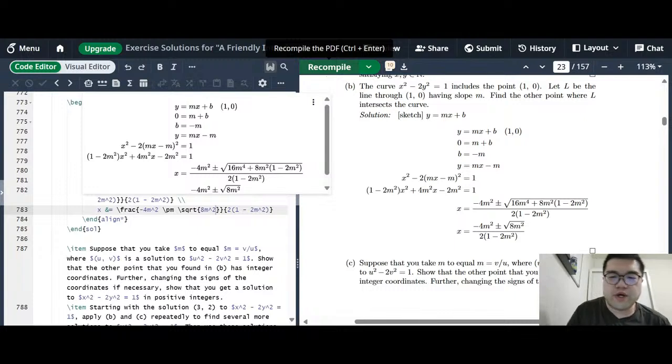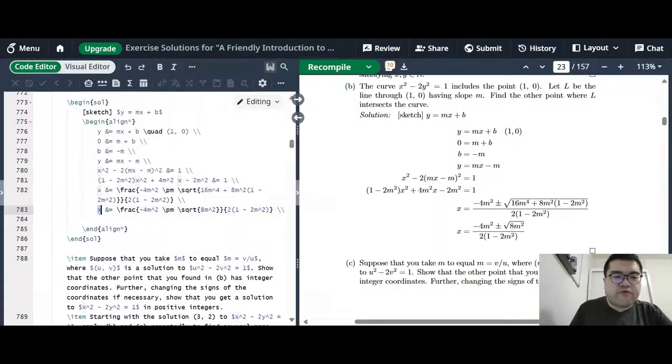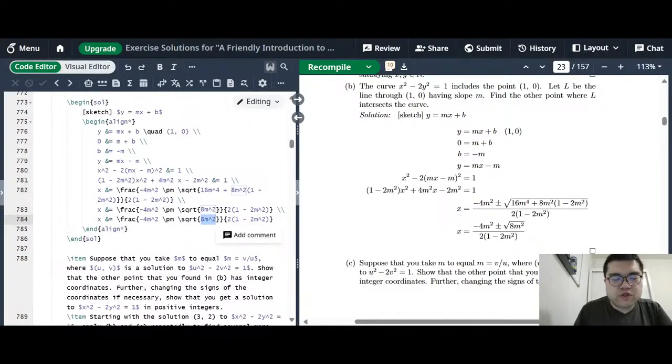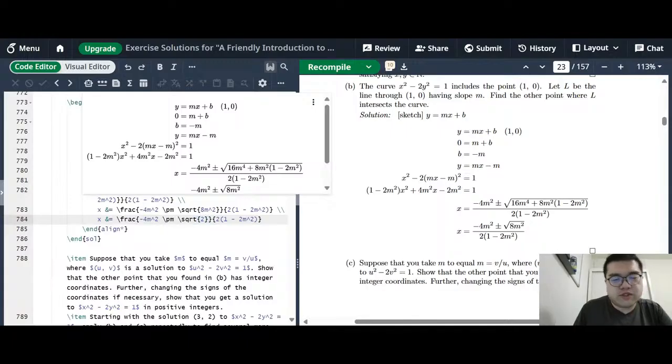So we recompile it and we get something like this. We can, of course, try to factor something out inside of the square root. In this case, we can factor out the 4m squared to leave just 2 inside the square root. And for the 4m squared, if we factor it out and take the square root of it, we end up with just simply 2m in front.